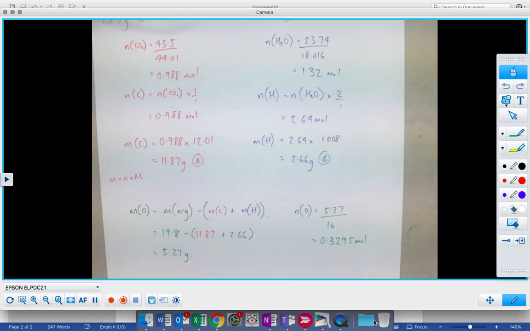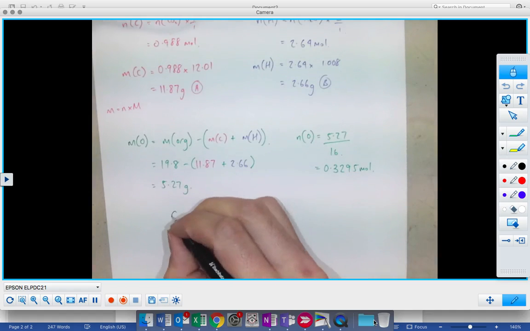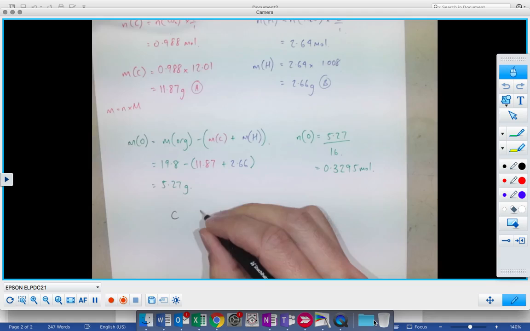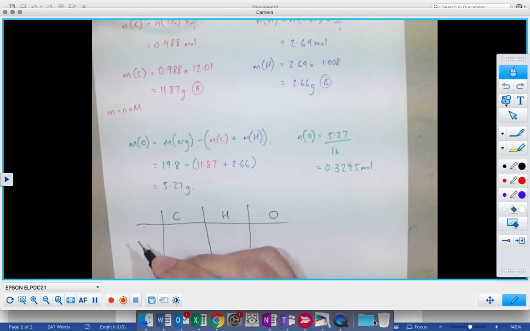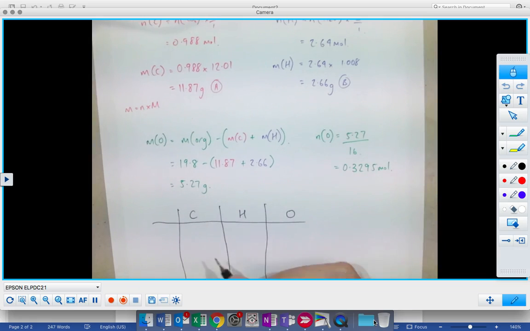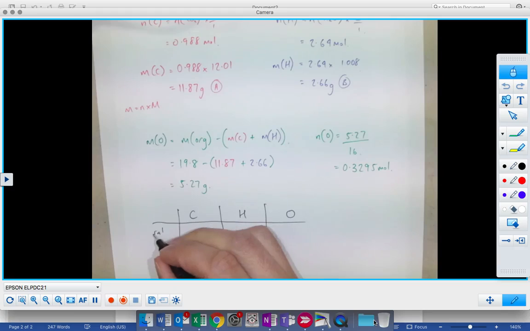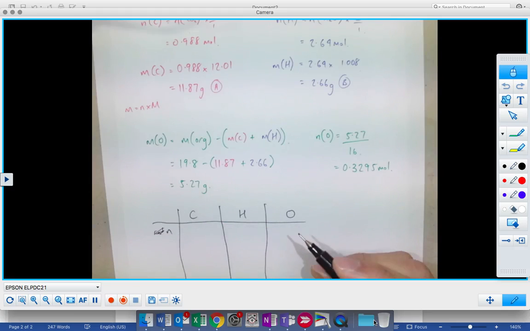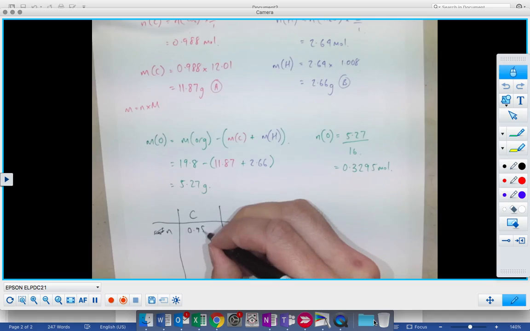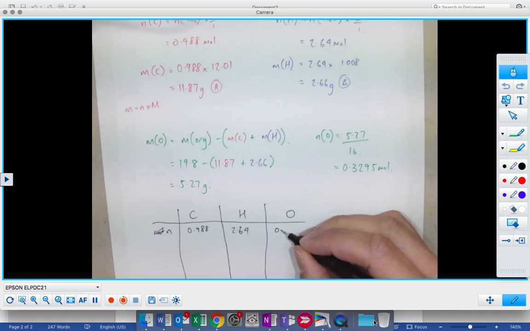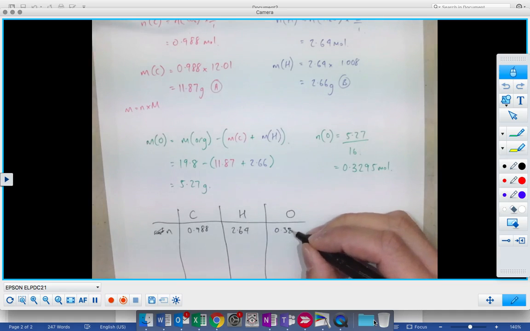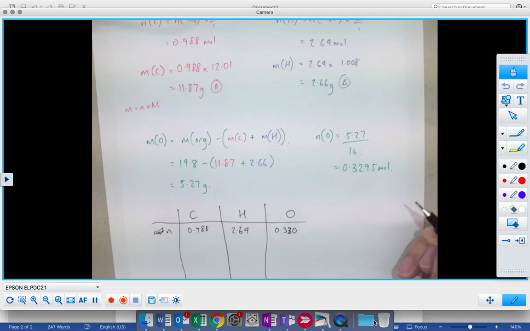So now I have carbon, hydrogen, and oxygen. I have the number of moles of each. I have 0.988. I have 2.64. And I have 0.330. Okay, so I have these three number of moles.